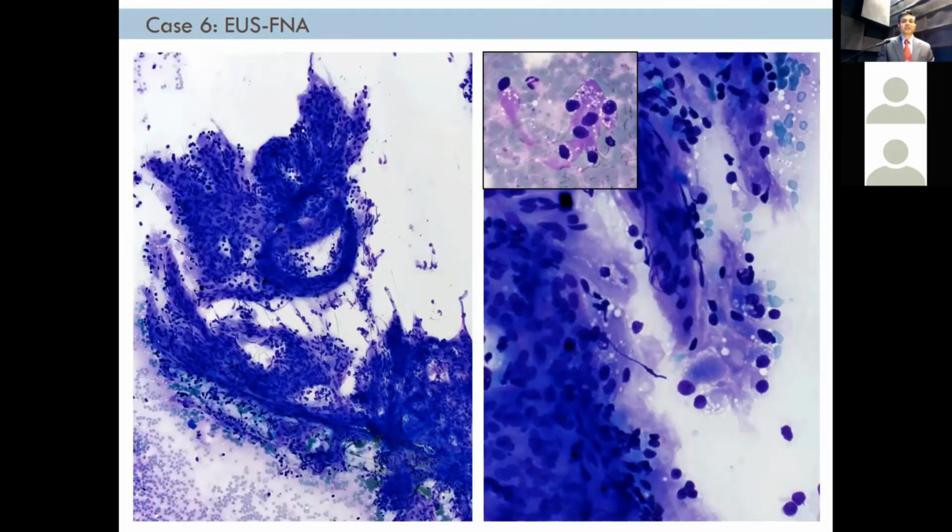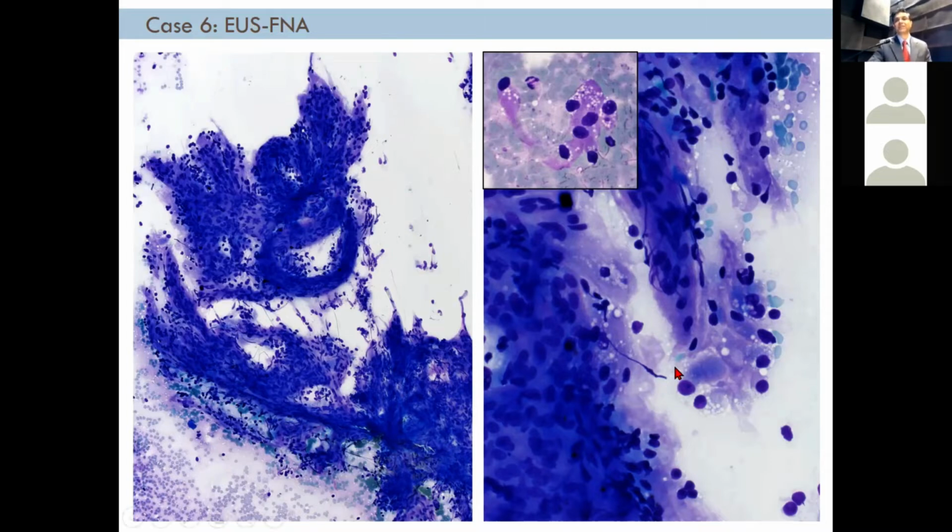The cytological smears that you see over here have a very characteristic morphology. You see these large groups which show transgressing blood vessels, and these blood vessels are actually lined by discohesive tumor cells.